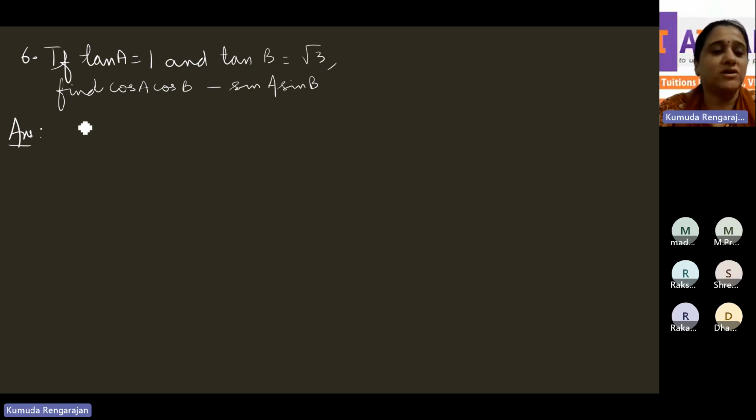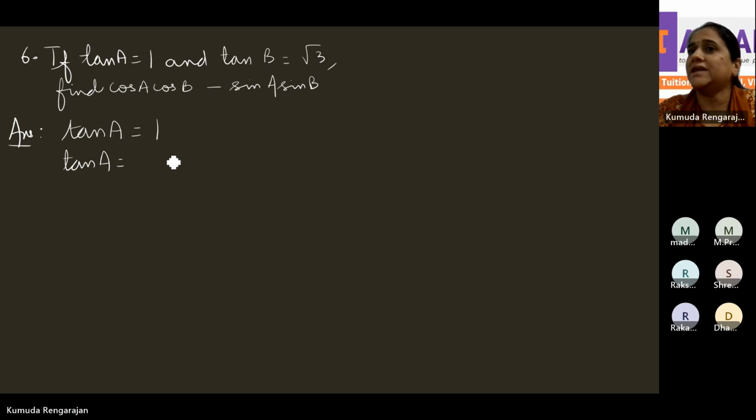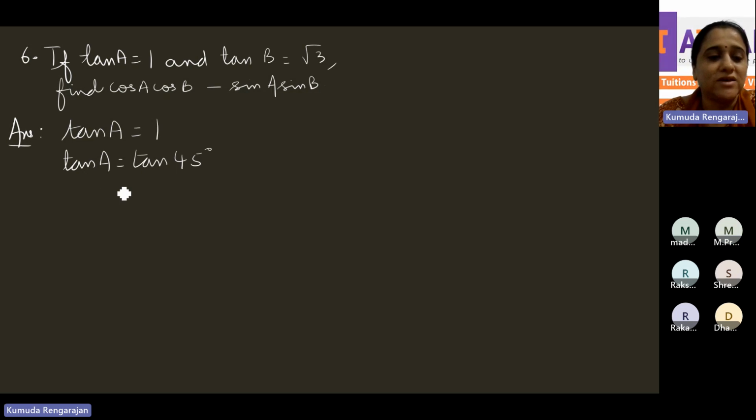All right. So children, here it's given that tan A is equal to 1. So when is it 1? Tan A is equal to tan 45 degrees, right? Yes, ma'am. So on comparing both the sides, A is equal to 45 degrees. Now tan B is equal to root 3 given.